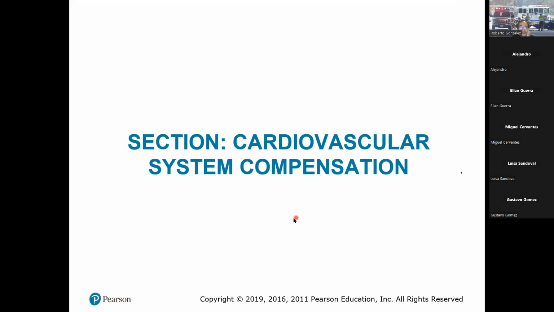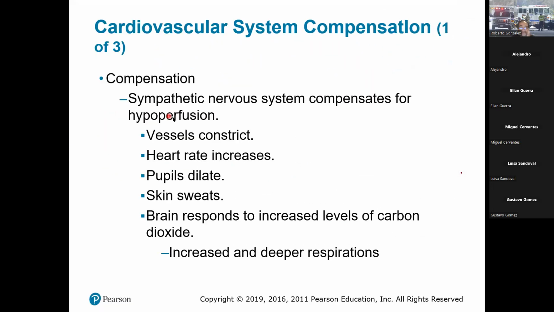Cardiovascular system compensation. In other words, how does the body try to regulate itself to compensate for any issues that might be occurring? The sympathetic nervous system compensates for hypoperfusion. Hypo means low.